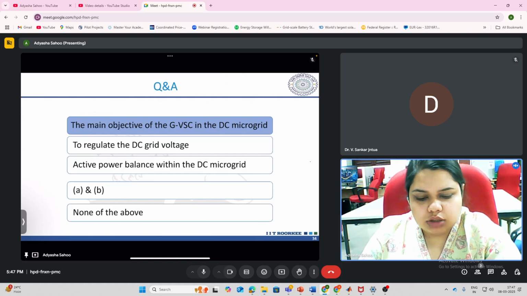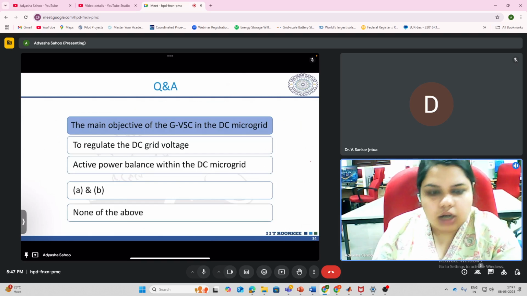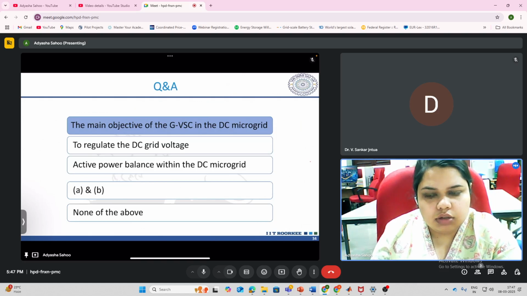What is the main objective of the grid voltage source converter in the DC microgrid? To regulate the DC grid voltage, active power balance within the DC microgrid, or both?